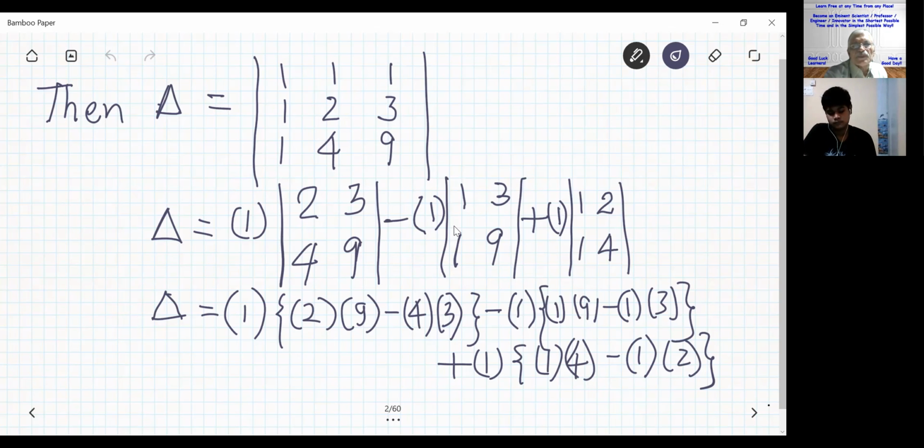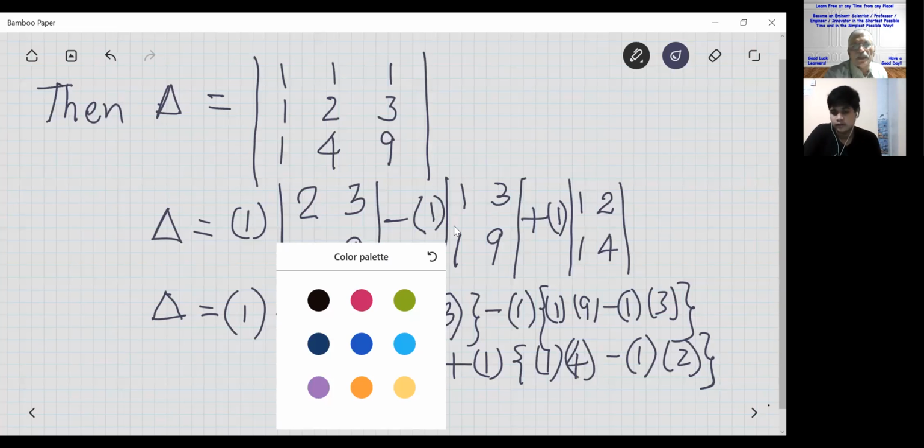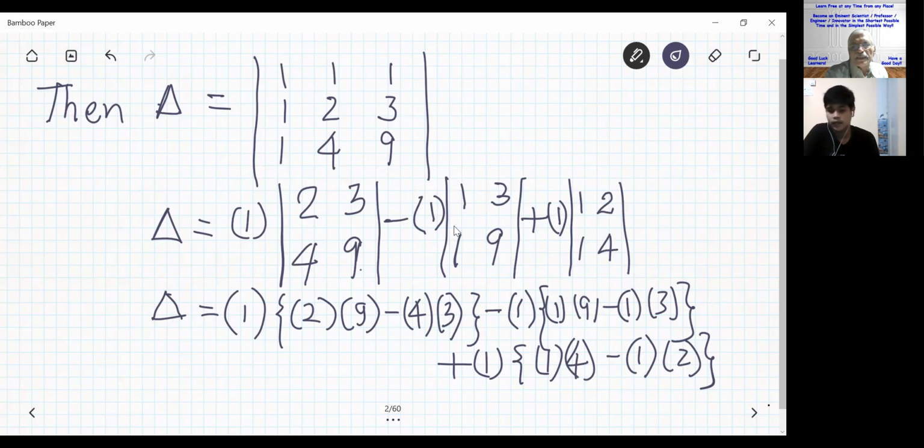Now this is the principal diagonal, 2 multiplied by 9. You write it here in the brackets, because if a number is negative, we have to put it there also. Then there is minus, and it is 4 into 3, the numbers on the secondary diagonal. Next, this whole thing is one term. That is the answer for this determinant.